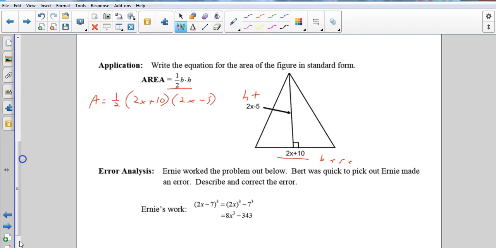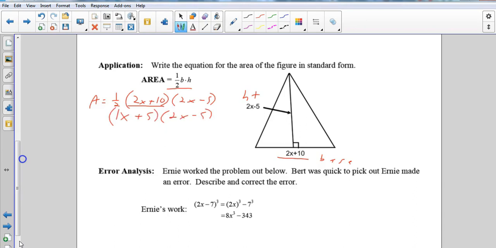Or you can send the 1/2 into either binomial. I personally am going to start by sending it into this first binomial, only because 2 and 10 are both even. But remember, you only send it into one binomial. So 1/2 of 2 is x, plus 5, half of 10, times 2x minus 5.